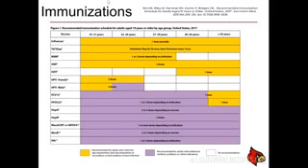Does anyone know the difference between males and females for HPV? So when would you start for both groups? Ideally before they start. Yeah, so what's the youngest you can give it, I guess? 11. 11. And then when are you going to go up to for females if they haven't gotten it? 26.